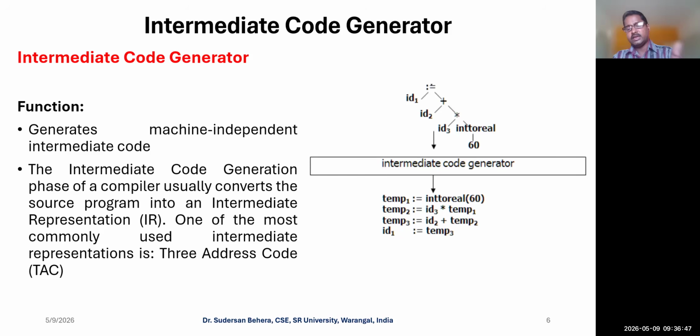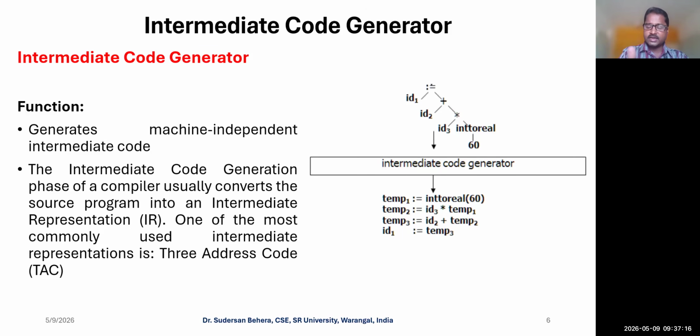First, it handles the into real. Into real is an operator, and 60 is an operand. Together, how many operands are there? Only one operand, that is 60. And how many operators? There are two: one copy operator, and another a conversion operator, an implicit operator, that is called into real. So first of all, it converts the integer value 60 into real.